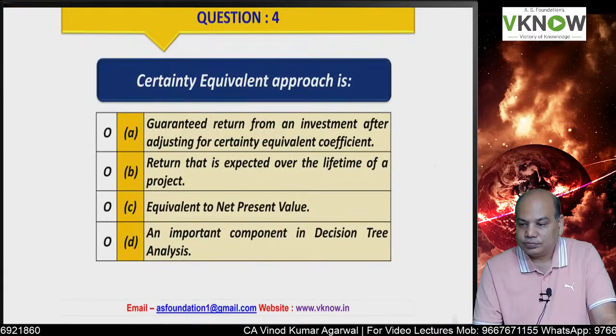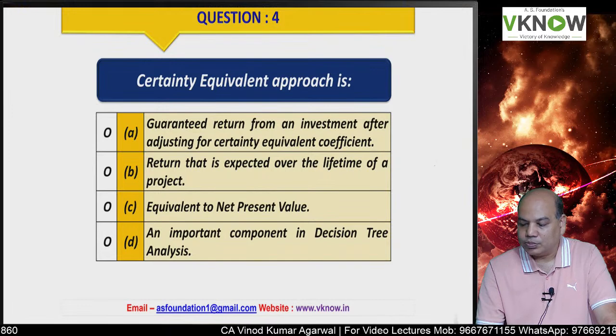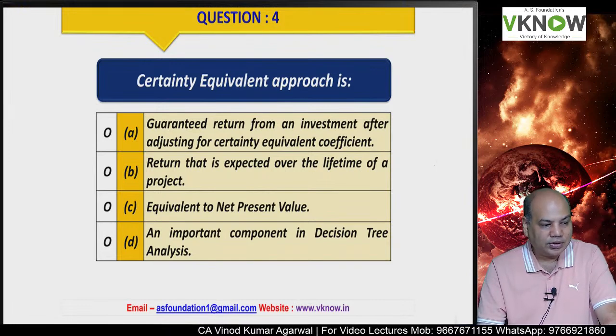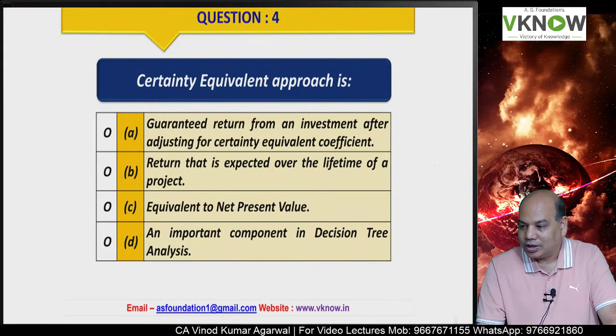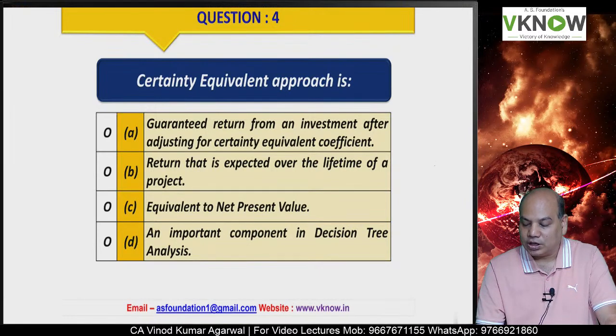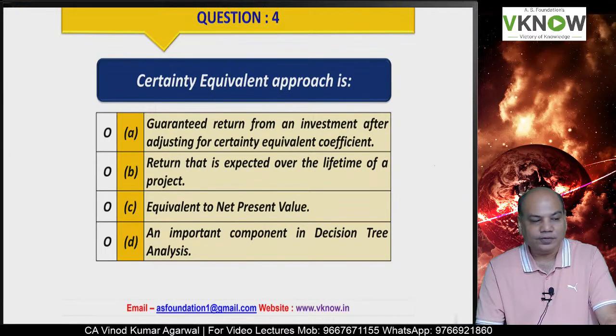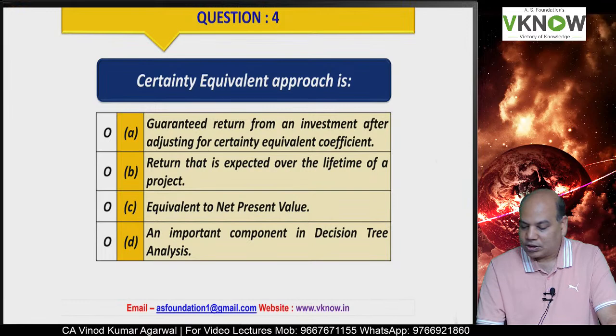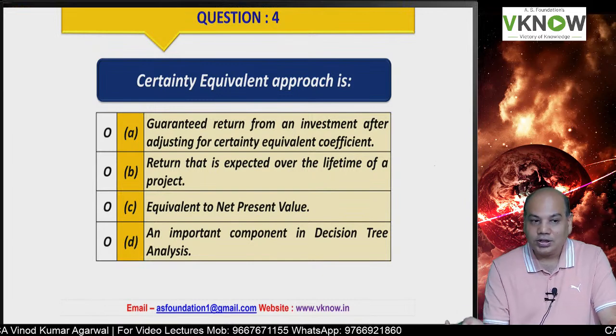Question number 4, certainty equivalent approach is option A, guaranteed return from an investment after adjusting for certainty equivalent coefficient, return that is expected over the lifetime of a project, equivalent to net present value, an important component in decision tree analysis.